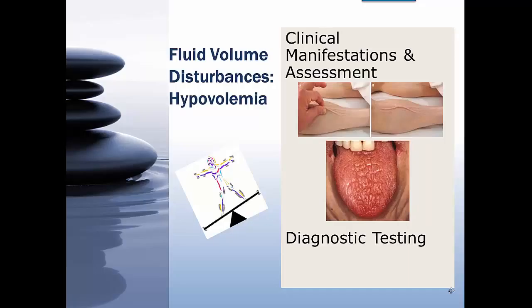The hematocrit will be increased because there's a concentration, and serum electrolyte differences will be hypokalemia if it's due to a GI loss or renal loss, hyperkalemia if it's due to an adrenal insufficiency. Hyponatremia occurs with increased thirst and ADH release. And hypernatremia would occur along with this when there's an insensible loss in a situation like diabetes insipidus.